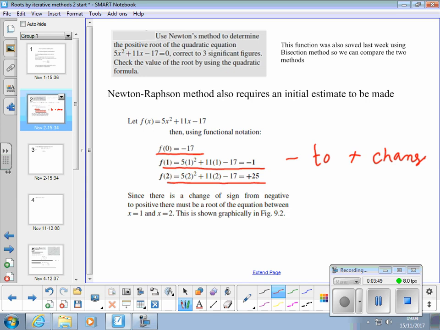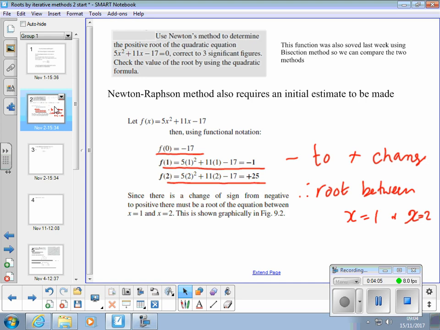Therefore, there's a root between x equals 1 and x equals 2. So you can choose either one of those as an initial estimate.